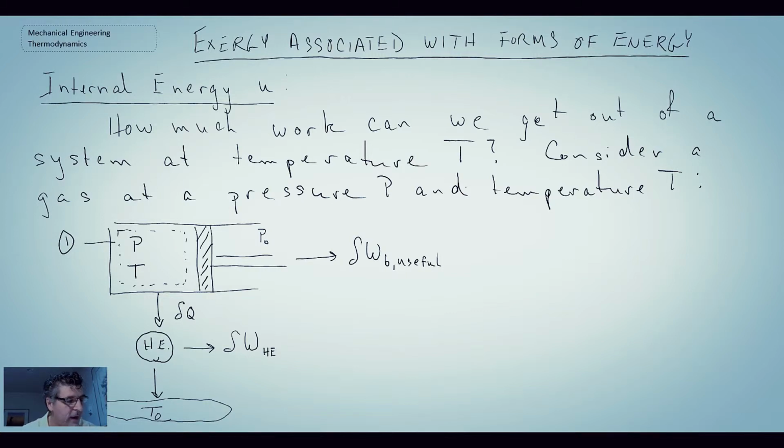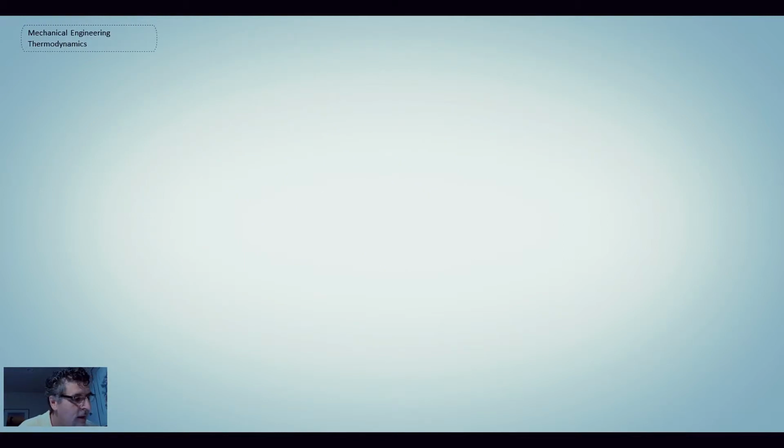What I want to do now is apply a first law analysis to this system. With this, we will ultimately come up with a form for exergy associated with internal energy. So taking a look at the first law applied to the gas within the piston cylinder device, which I denoted with boundary 1, the first law to begin with for a fixed mass system.